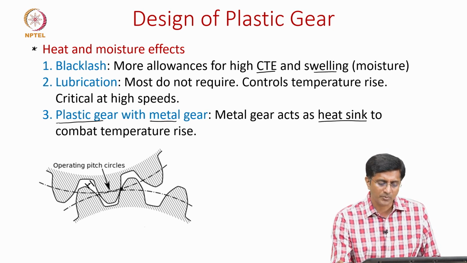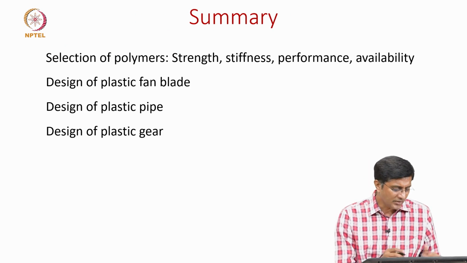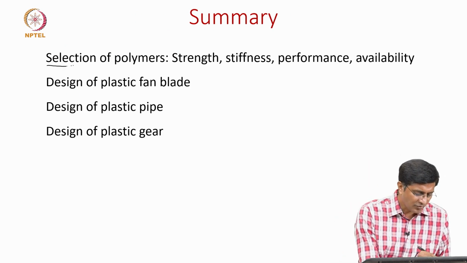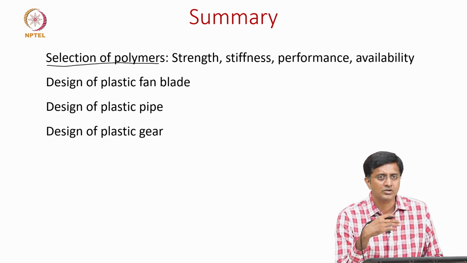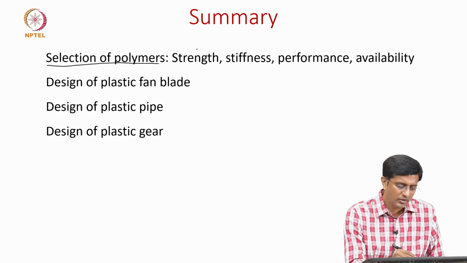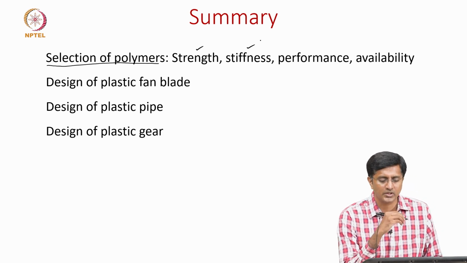So, now let us summarize what we have discussed in this video. We started with selection of polymers, meaning we looked at various criteria we have to go through before we select a specific polymer for a particular application. We looked at different strength values and the stiffness values one needs to consider.